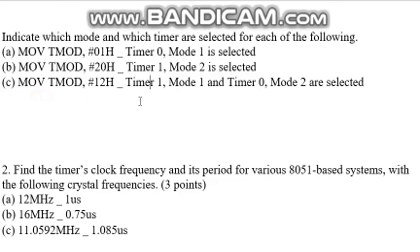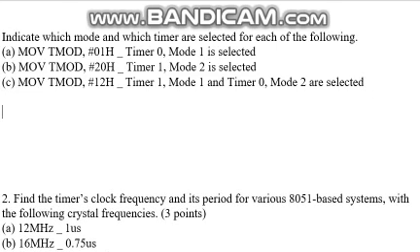When you are saying MOV TMOD, the TMOD register is being programmed. The TMOD register contains two parts, one is the T1 part and the second is the T0 part. T0 is related to timer 0 and T1 is related to timer 1.